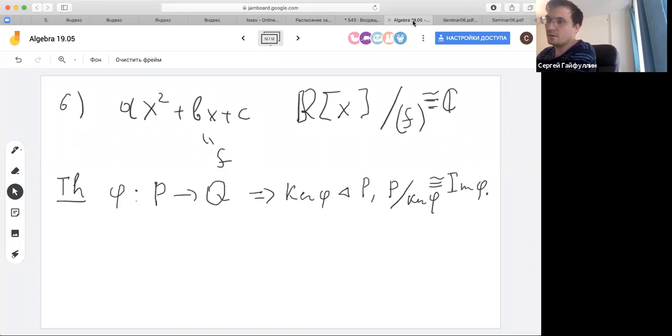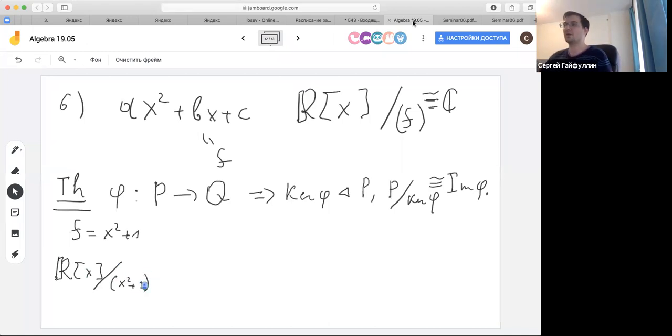So let us begin when f equals x squared plus 1. So we need to understand what the ring R[x], the factor ring with the ideal given by x squared plus 1, is.